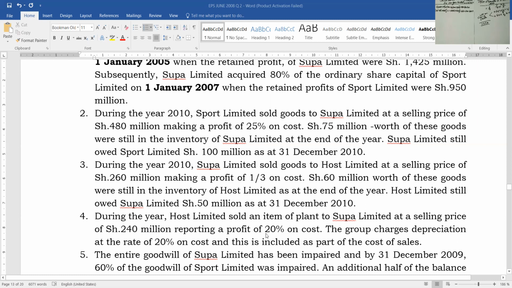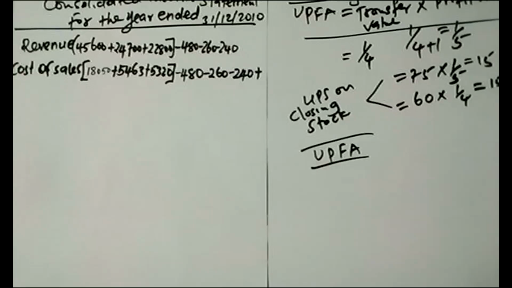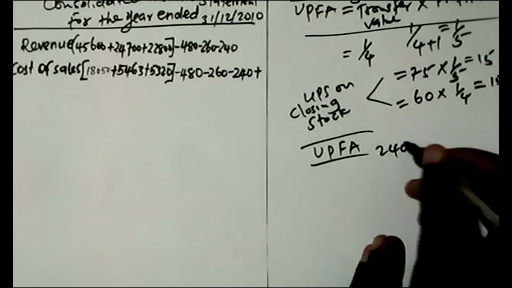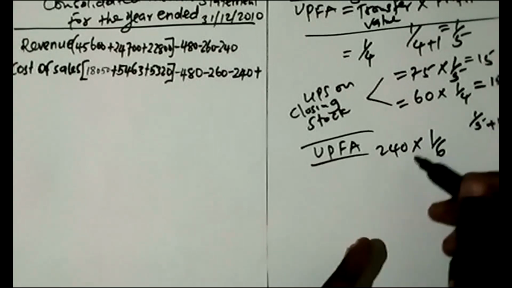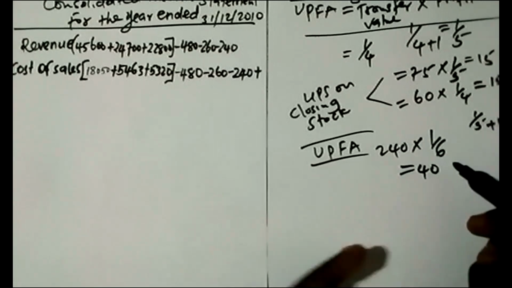You multiply with the profit margin. So if a markup is 20%, 20% is like a fifth. So margin will be a sixth. So that is 240 times a sixth. Because I've taken 20% as a fifth, plus the one in the numerator and the denominator. That is 1/6. So this is 40.